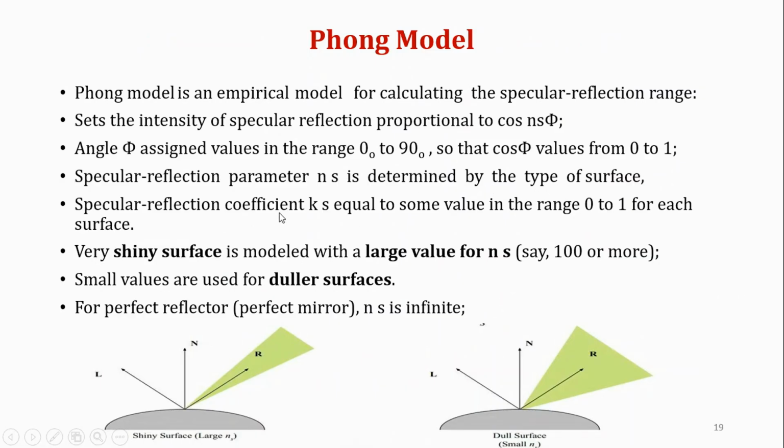The specular reflection coefficient k is some value from 0 to 1. When a very shiny surface is there, we have a large value of n_s. If it is a dull surface, we have a small value of n_s. Based on that, we get the shiny or glossy reflection, or specular reflection.